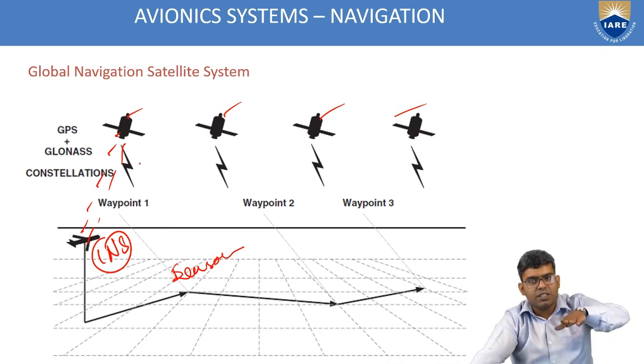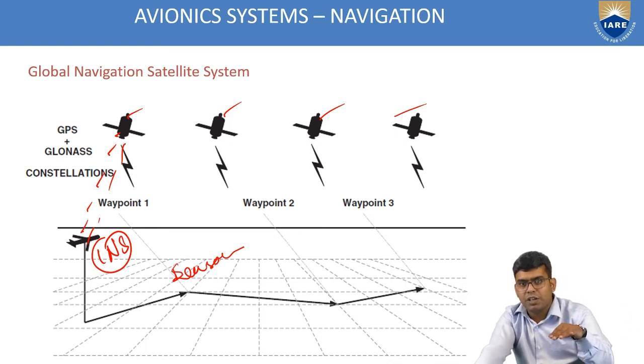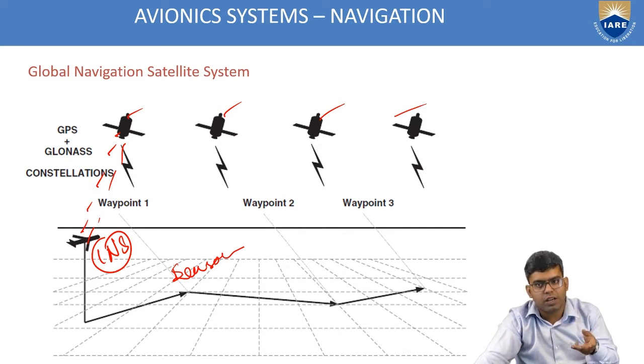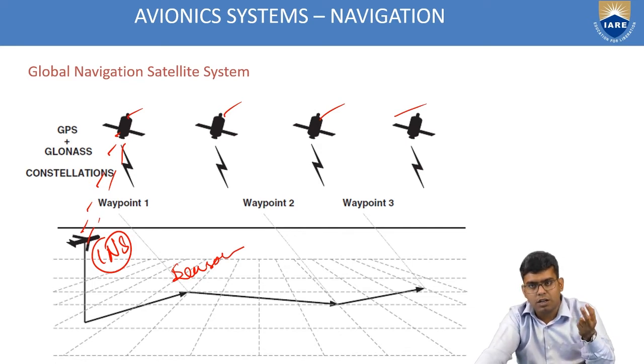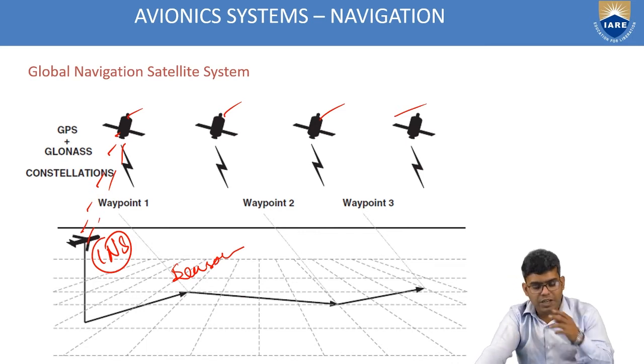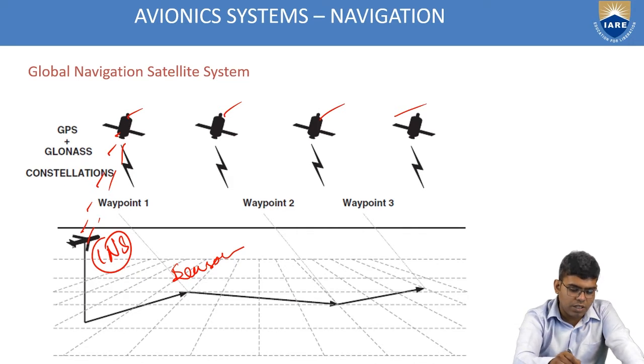If I have a deviation in my course, this time delay will change. The navigation or avionics system on board my aircraft will calculate this time delay and compare it with the already calculated time delay with respect to my flight path. Once they do this, they say that okay, there is some error, so you need to give this correction, and I can bring the aircraft back on course.